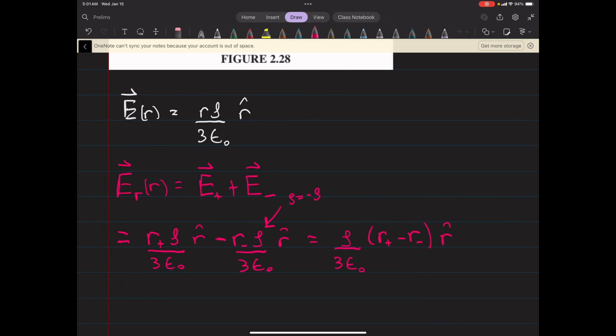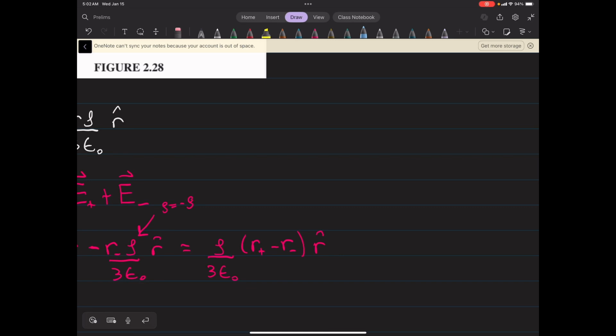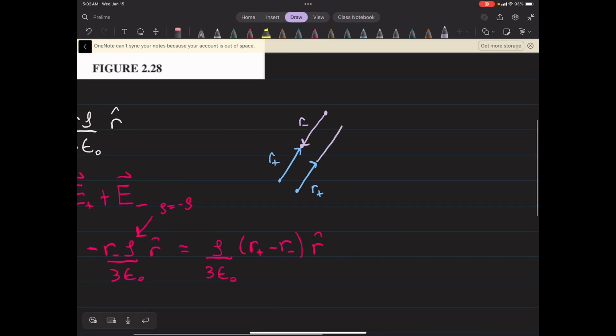Now, if r plus is the vector from the positive center to some point in this overlapped region, and r minus is the vector from the negative center to the same point we're interested in, then if we were to flip the r minus, so this is r plus, and now this is r minus because of the negative sign here.